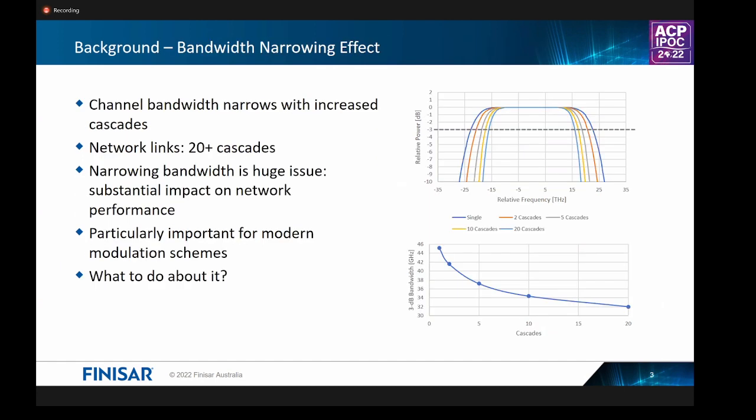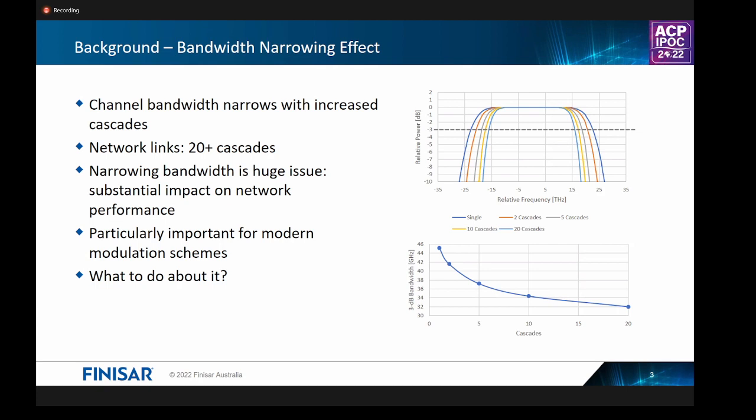What happens with WSS cascades is that you actually get a reduction in the effective bandwidth. For example, if we have a certain insertion loss on the edge, after passing through more and more WSS devices, you get a scaling. The amount of loss scales in dB with the number of cascades. This is actually a huge concern because some networks can have up to 20 cascaded WSS.